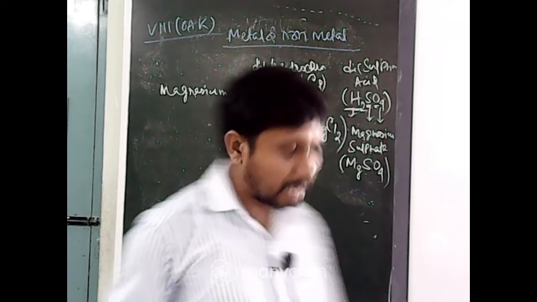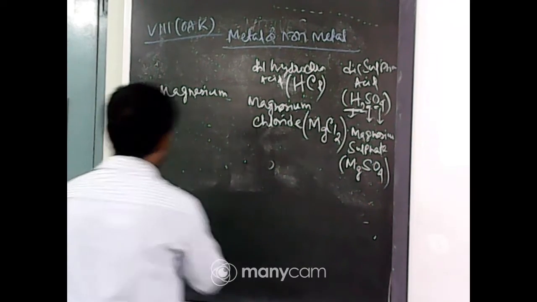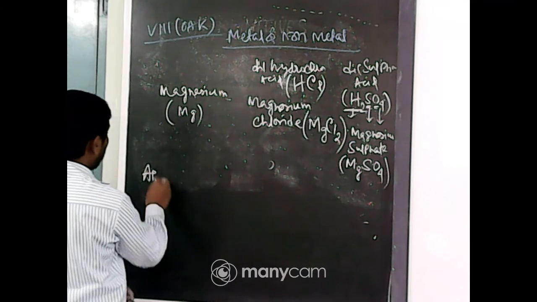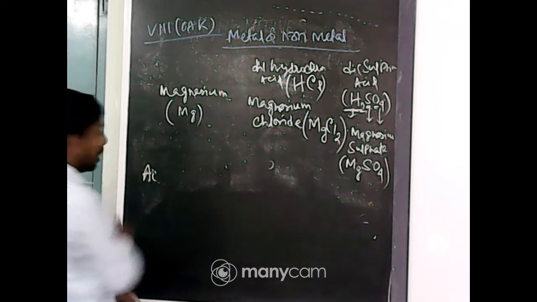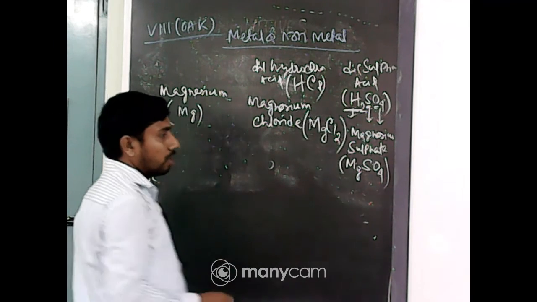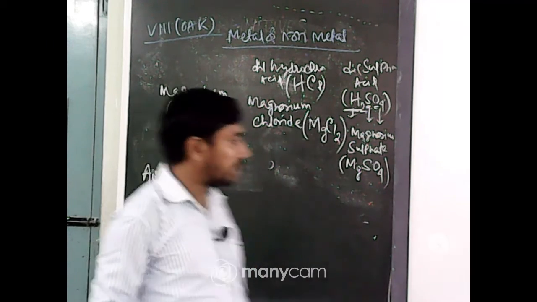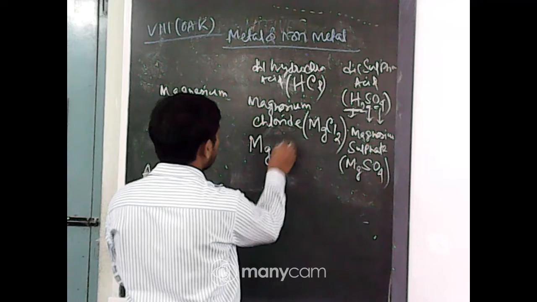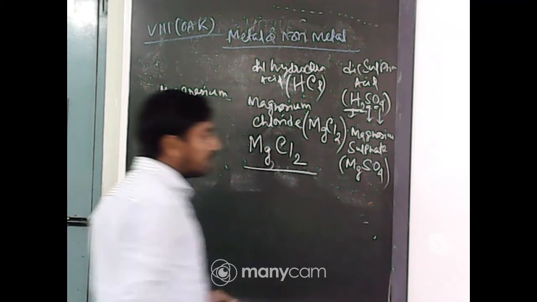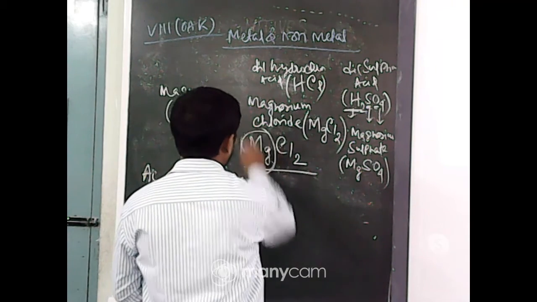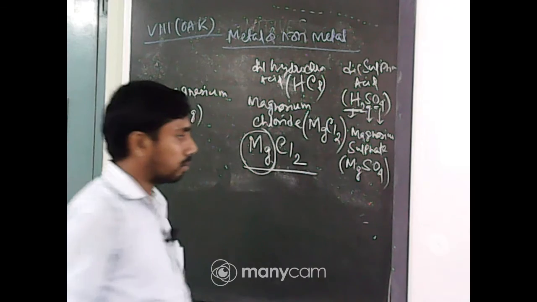Next, coming to aluminium, what will be the answer? Now I will write only the symbol of that. Aluminium is abbreviated as Al, A capital, l small. Sir, please repeat the magnesium chloride formula. Magnesium chloride is MgCl2. Can you see the board? Because here there is one magnesium atom and 2 chlorine atoms.